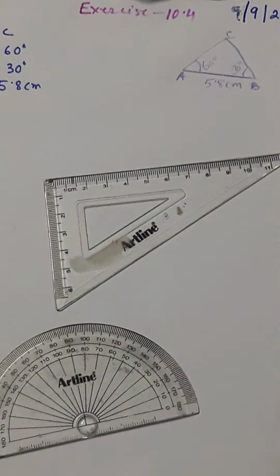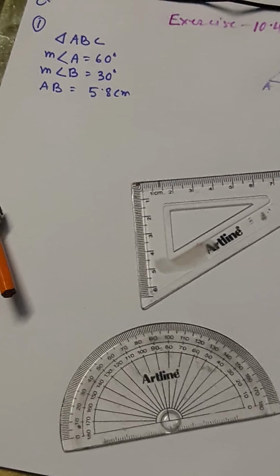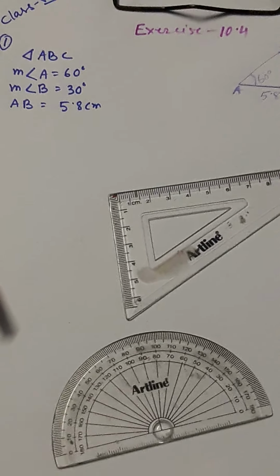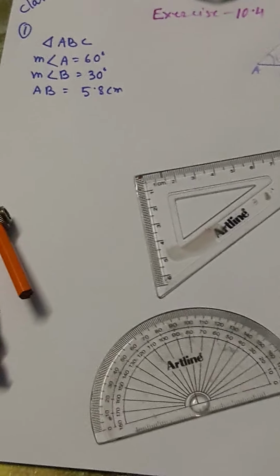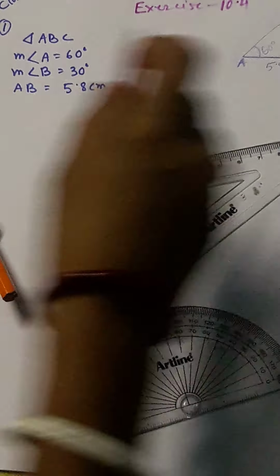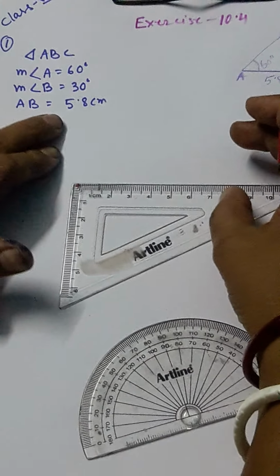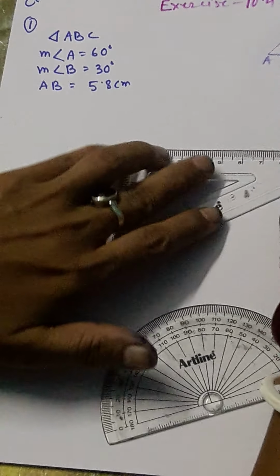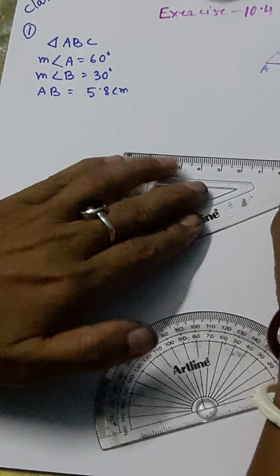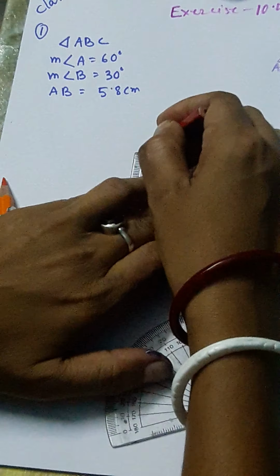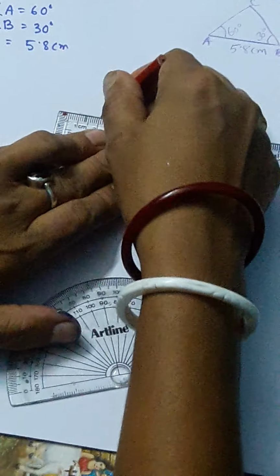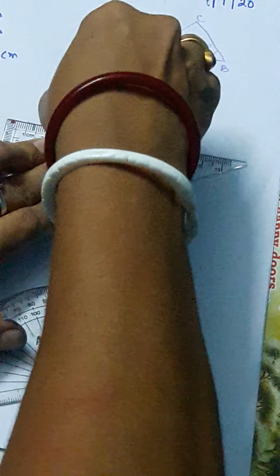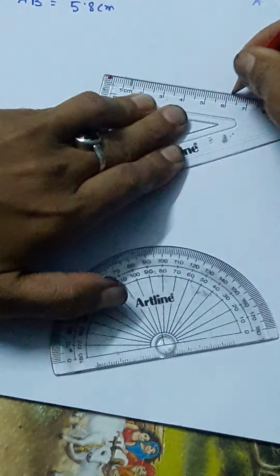Now come to the exact construction of this triangle. How will you do this one? As I have told, in this case first come for the baseline, and on both sides of this side the angles have been given. So first one is AB, its length is equal to 5.8 centimeters. Here I am going for 5.8 centimeters. You can notice this one.